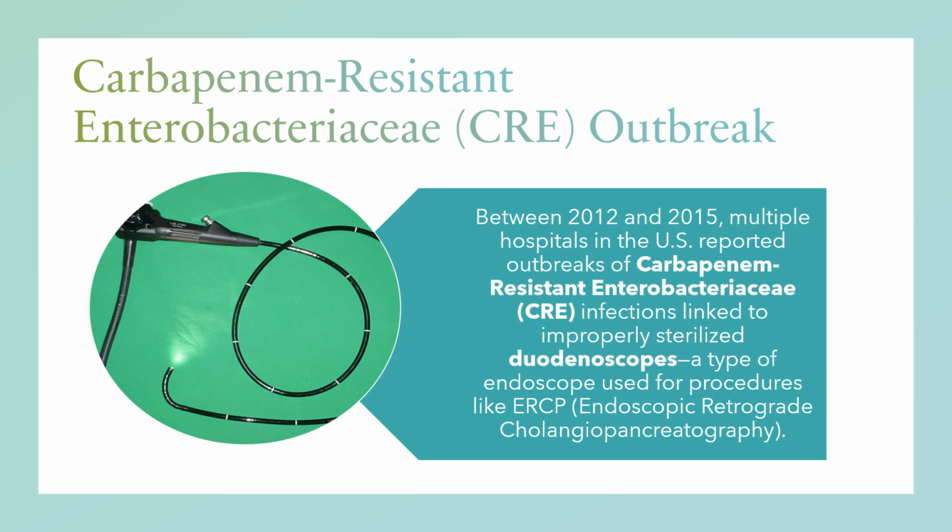You will learn a lot about these type of endoscopes in your endoscopy class that you will take in your second term. So between 2012 and 2015, multiple hospitals in the United States reported outbreaks of CRE infections linked to improperly sterilized duodenoscopes. So these are used for procedures called ERCP, which stands for endoscopic retrograde cholangiopancreatography.